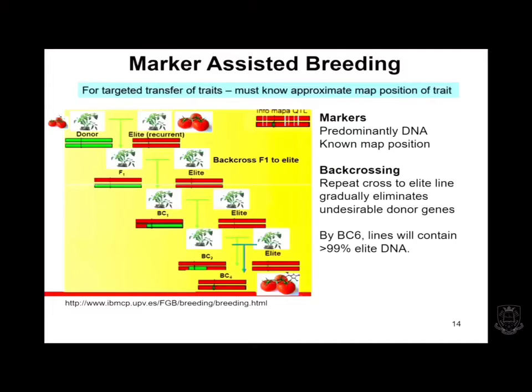You'll have a marker for this loci associated with the donor. You'll have a marker with this loci associated with the elite line, and you're following the progeny through each generation with those markers. And again, you back cross to your elite line, you continue this process. And if you do this, by the time you've done 6 back crosses, you've eliminated 99% of your donor DNA.